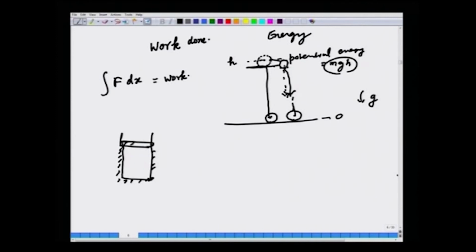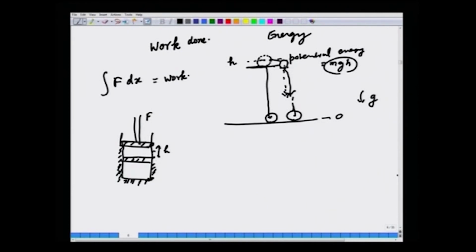Okay. And I do work by compressing the gas by moving the piston over a distance h. Okay. I apply a force over a distance h. So, I am doing work explicitly. Now, what will happen to that work? Well, this piston which was originally here has come here, and you have done work by compressing the gas.